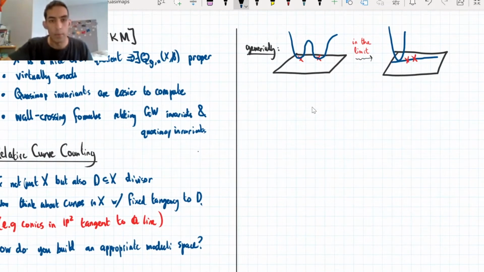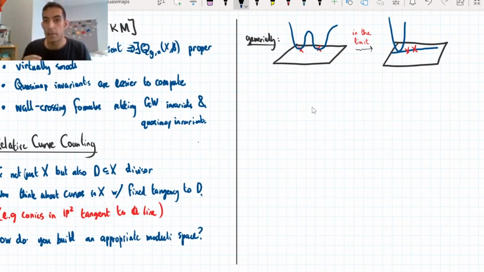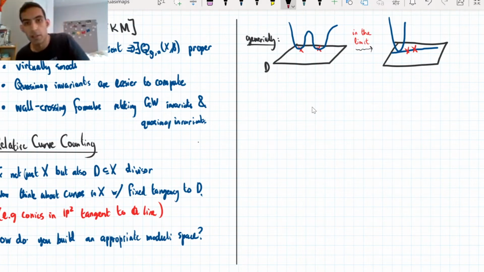What I want to imagine is that this is supposed to be a picture where in black that's my divisor and the blue thing is my curve, and generically I can just specify my tangency and insist that it hits this hyperplane with contact orders, let's say 2 here and 3 here.